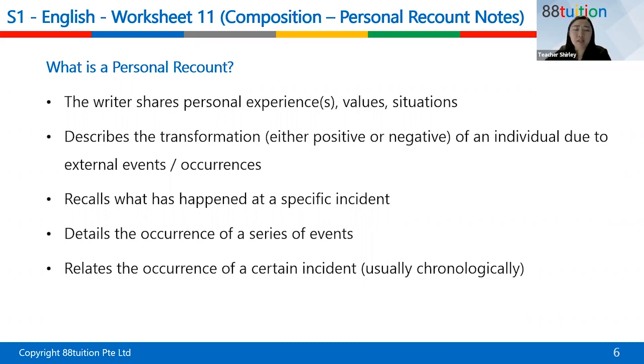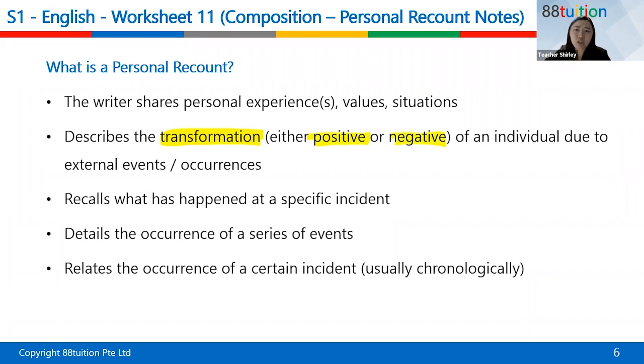Personal recount basically is an essay in which the writer shares his or her personal experiences, values, and situations. It will definitely describe the transformation. Okay, so the transformation meaning there will be some changes. There might be a change in mood, change in perspective, whether positive or negative, in an individual because of the events and occurrences.